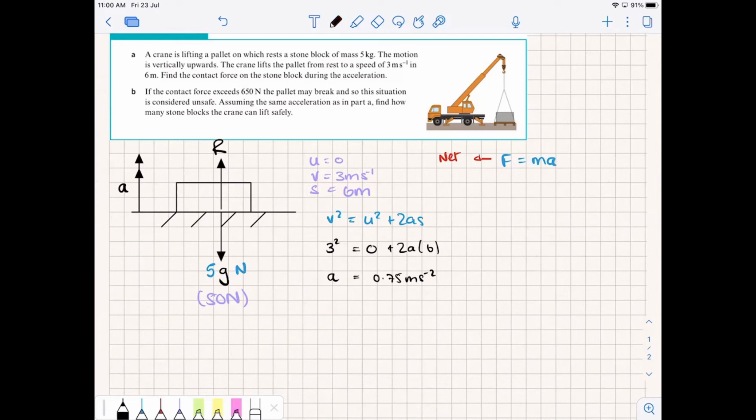Okay, so the force pushing up is in the direction of acceleration, so it is a positive force, and the force of the weight of the object pushing down is negative because it's actually happening in the direction of gravity, and so we have minus 50.